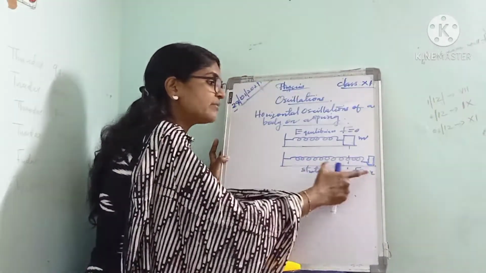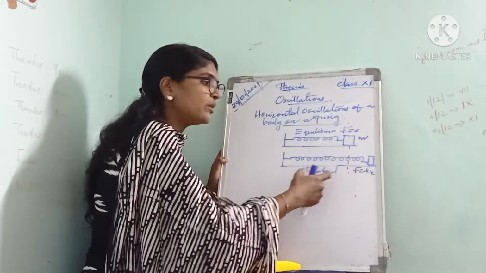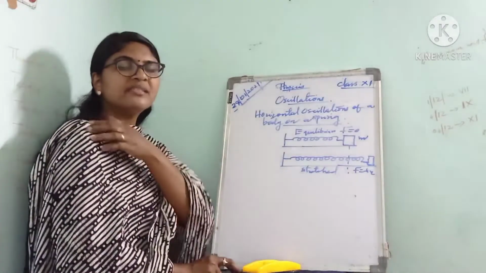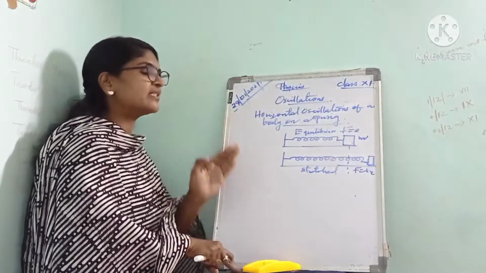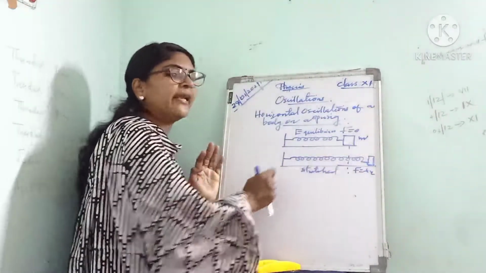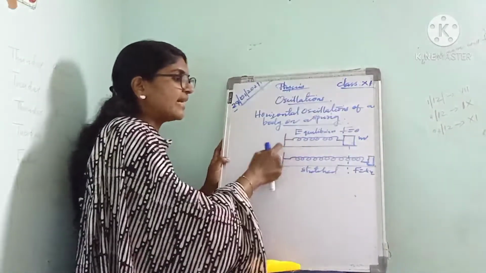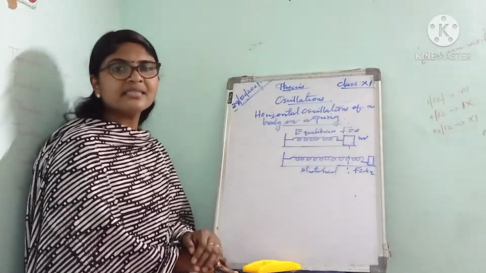The loaded spring executes horizontal oscillations under the action of the restoring force F equal to minus kx. Here we are considering a massless spring lying on a frictionless horizontal table, with one end attached to a rigid support and the other end to a body of mass m.